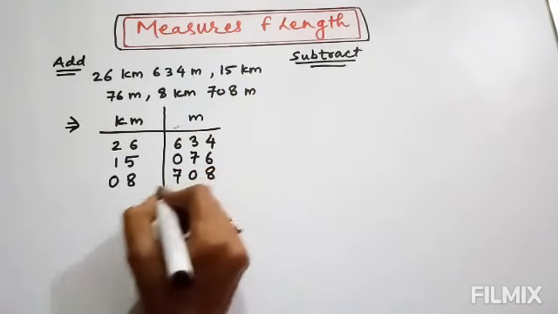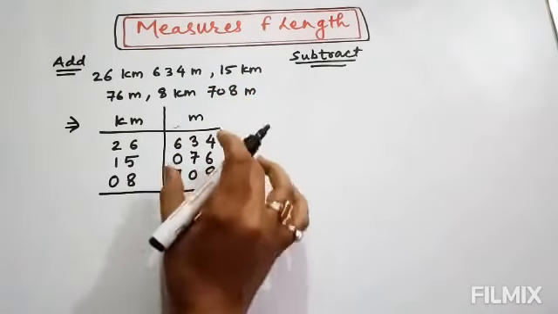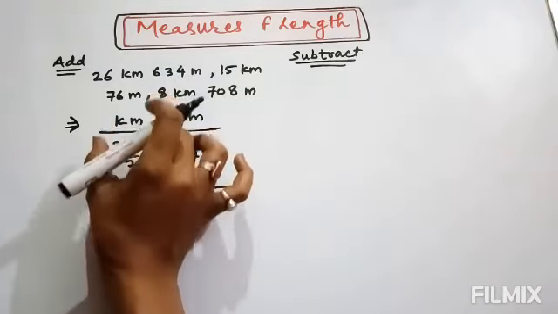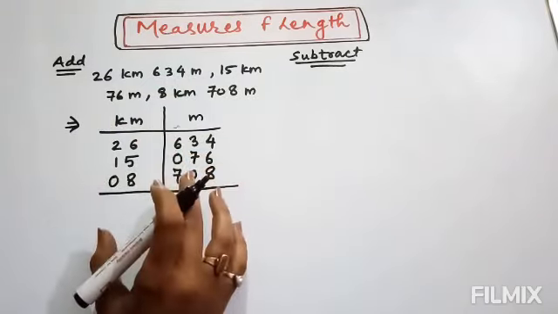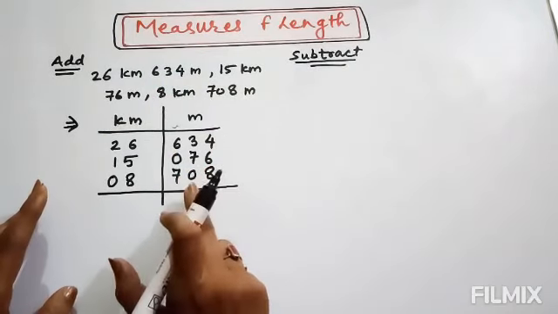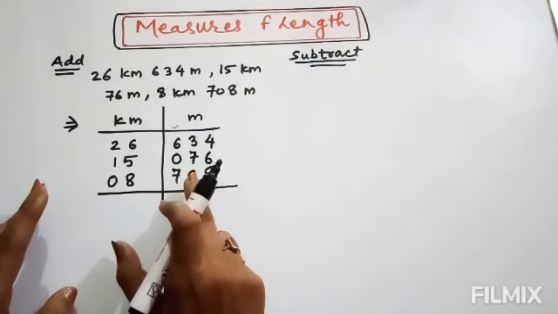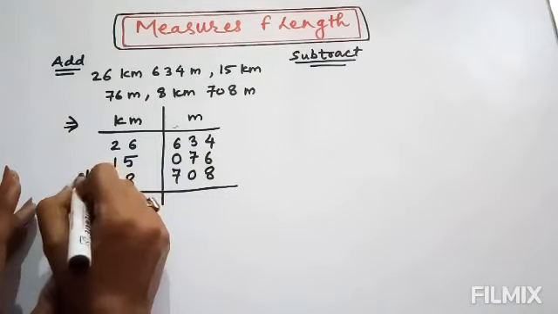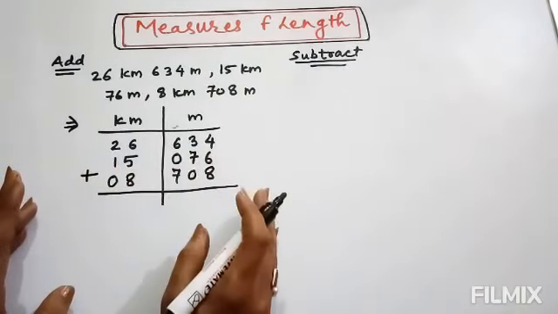Always remember that you will arrange the numbers from the ones unit. These are different columns, so you will arrange the ones unit under the ones unit of each column. Clear? When you write from the ones place, where there is no number, you can write 0. So you will easily understand how to add these numbers.